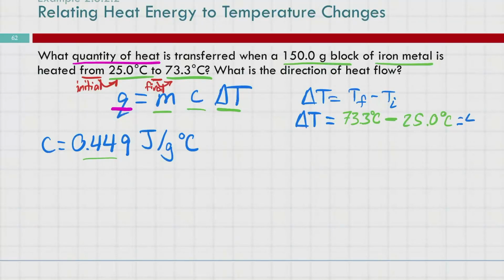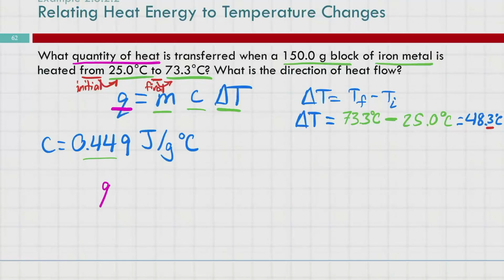We get a value of 48.3 degrees Celsius. And that has the correct number of significant figures. We did subtraction, 1 decimal place. So 48.3, we've got 3 sig figs.